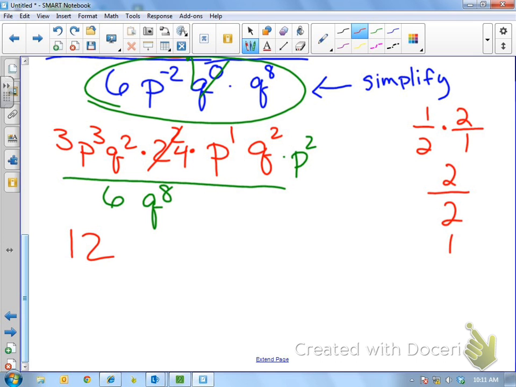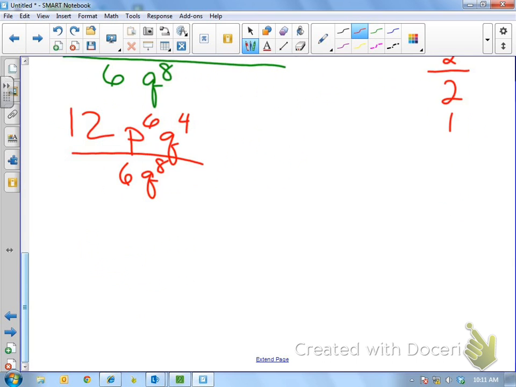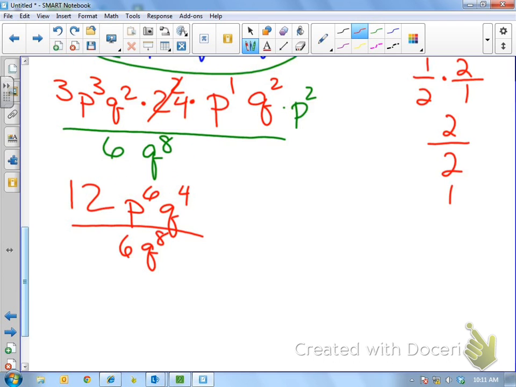What will my new exponent for my p's be if I have all of them added together? p to the 6, 3 plus 1 plus the 2, p to the 6, and then q to the 4. And then the bottom was already as simplified as it could be.